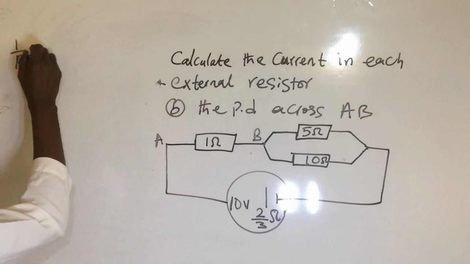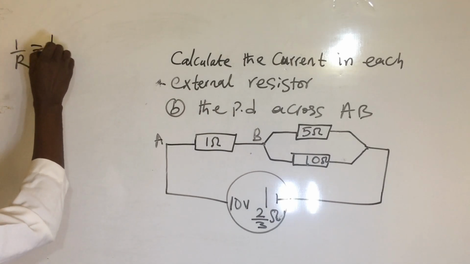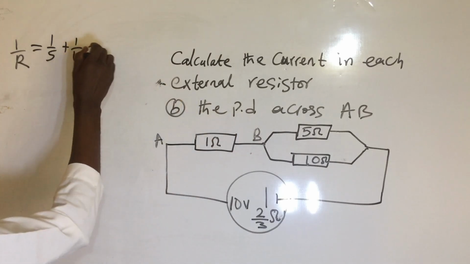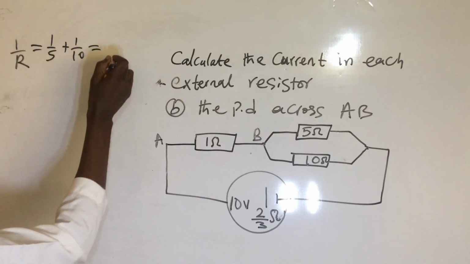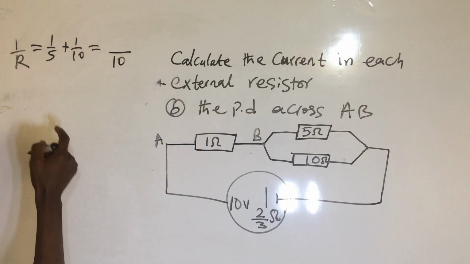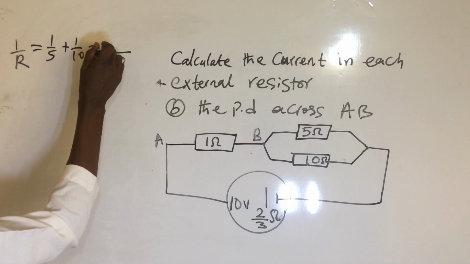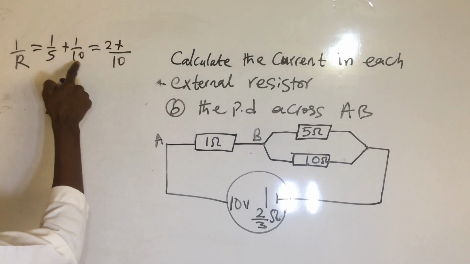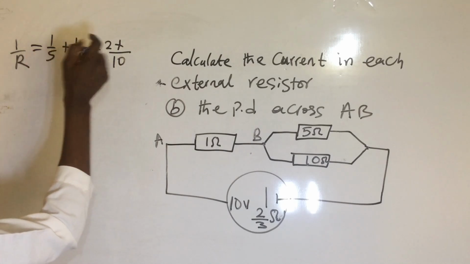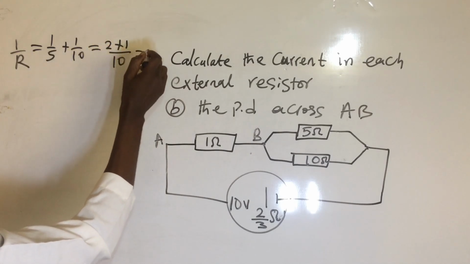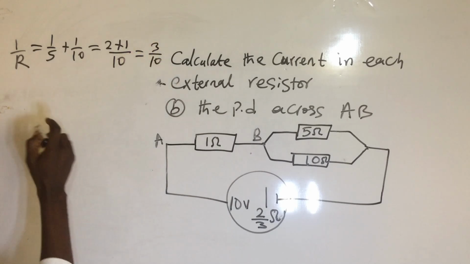1/R equals 1/5 plus 1/10 for this one, and the LCM of 5 and 10 is 10. Then 10 divided by 5 is 2, 2 times 1 is 2, plus 10 divided by 10 is 1, 1 times 1 is 1, which is 2 plus 1 is 3/10.